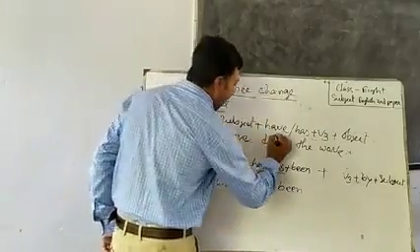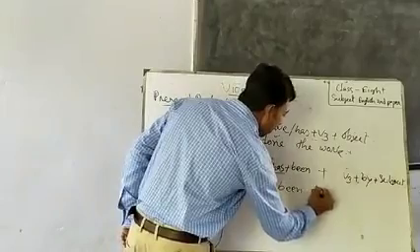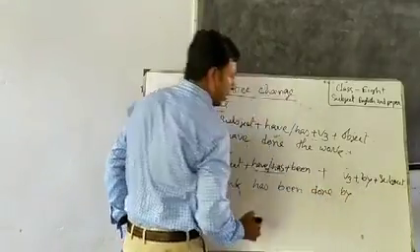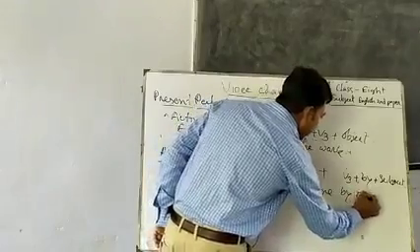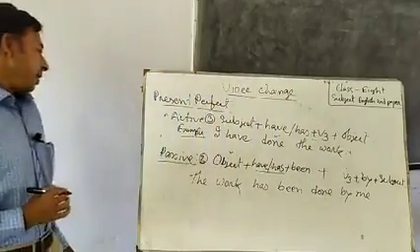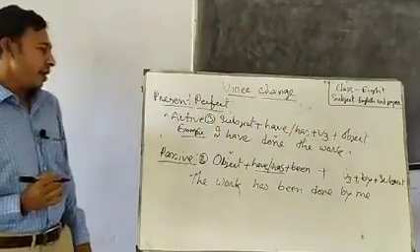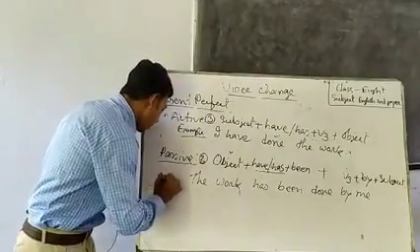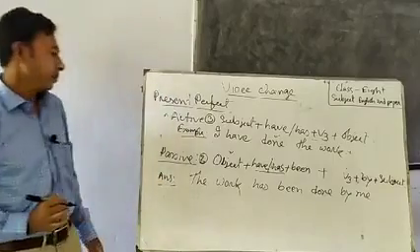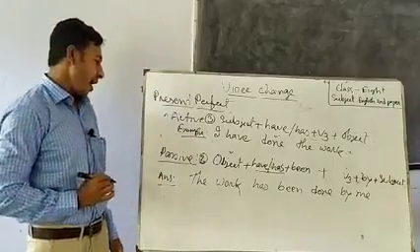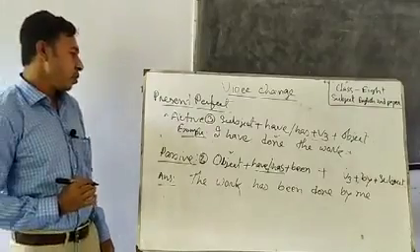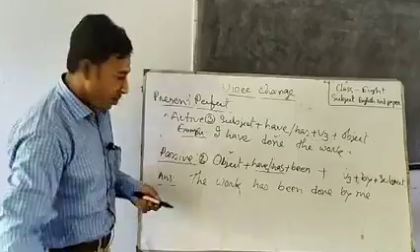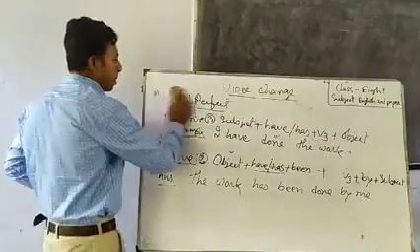Here it is done. Then I write by and write subject, me. The work has been done by me. Very easy. I think it is very easy to change active into passive.